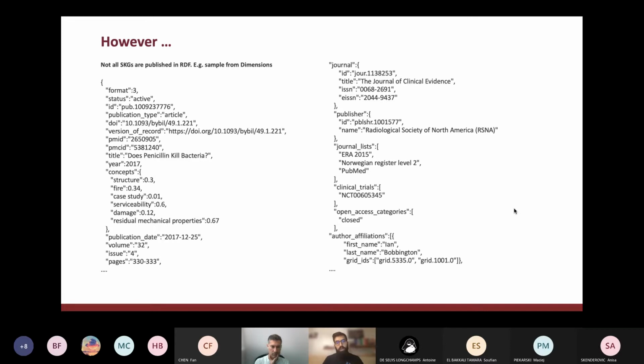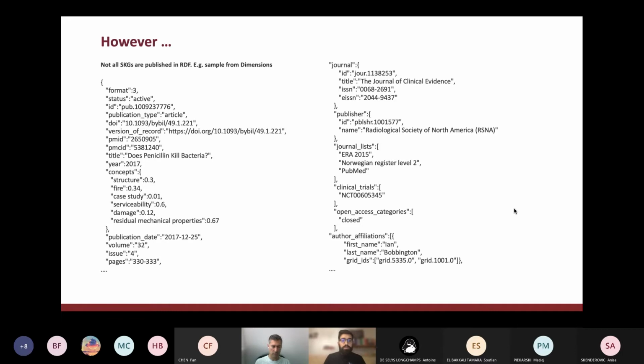But anyway, companies like Dimensions do not release their scientific knowledge graph in RDF, but in JSON, which can potentially be translated quite easily into RDF. But for the sake of simplicity, they prefer to release it in JSON, because in their technologies, it's easier to interoperate using JSON.